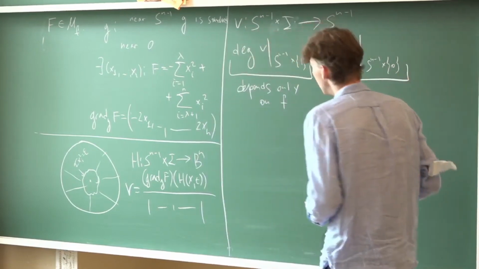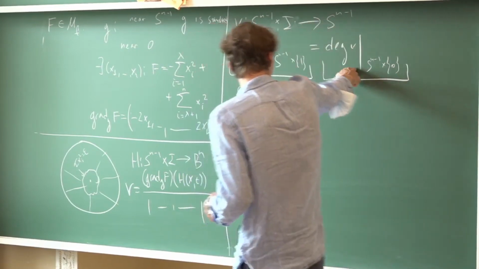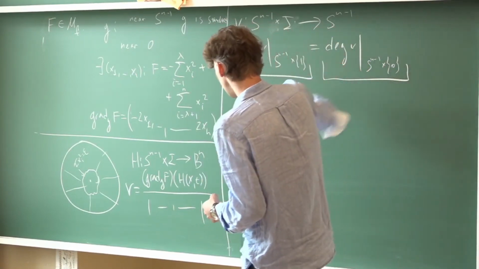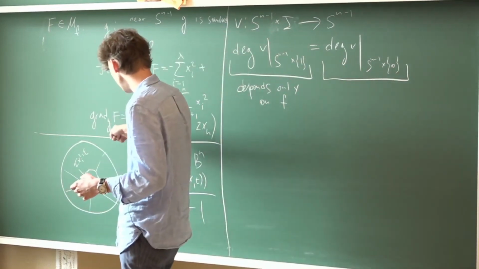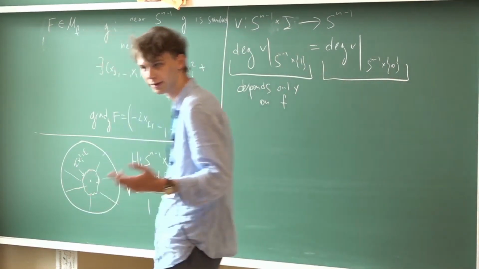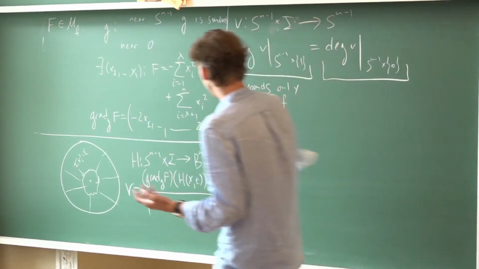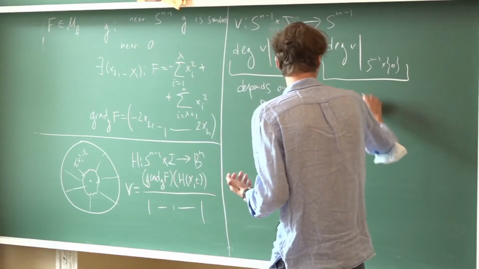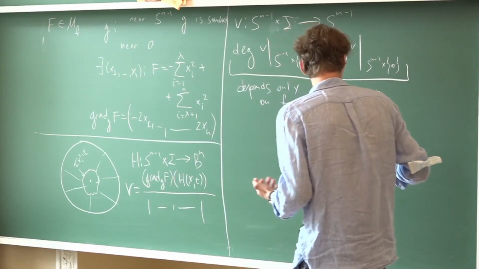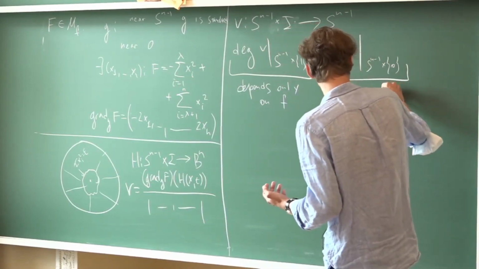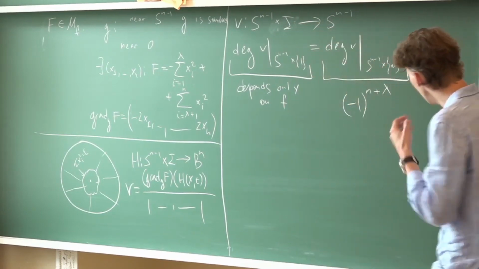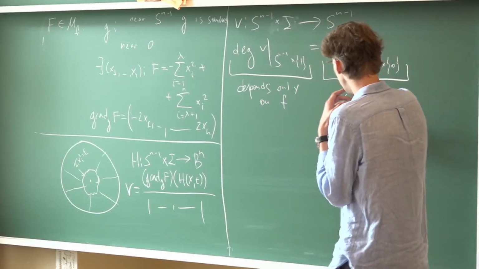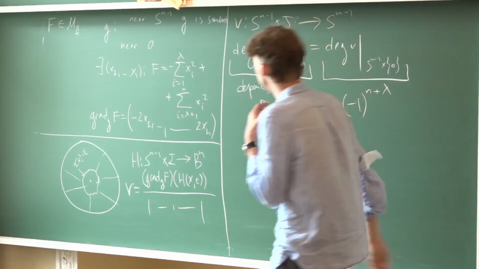And this thing, well, your function is standard in the neighborhood of the origin, and the gradient is standard in the neighborhood of the origin, so you just do the simple computation for this function and this gradient vector field, and you get that this degree is equal to minus one to the power n plus the index. So you see that the parity of the index depends only on the initial function f. Okay.